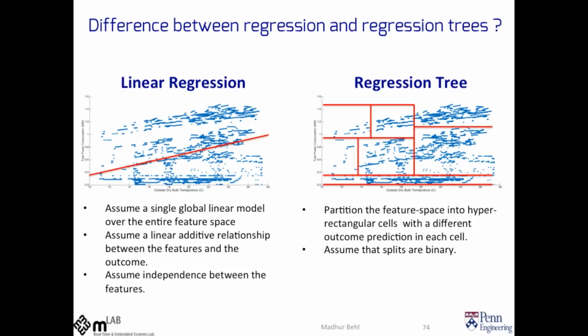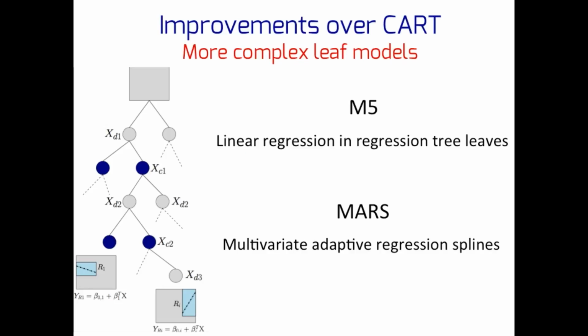But obviously, this can be extended, and has been over the last few years, to include more complex models at the leaf other than just the average itself. For instance, M5 is one of the algorithms in which you use linear regression in the leaves, and then you can get as fancy as you like, and there's a lot of theory which I describe in my writing.